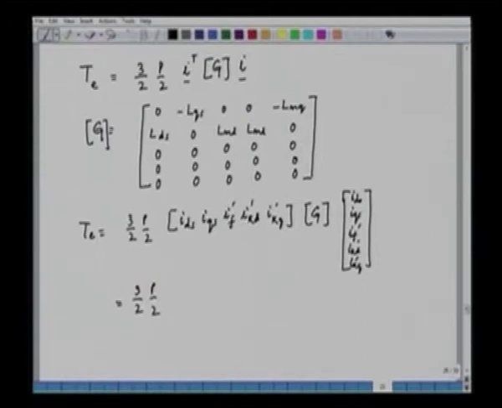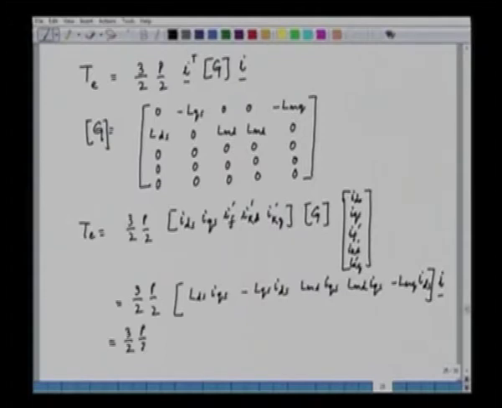If we pre-multiply this, we have LDS IQS minus LQS IDS, and then the third row will give us LMD IQS, and the fourth row is also LMD IQS, and the fifth one will give us minus LMQ IDS, and that is multiplied by this I.